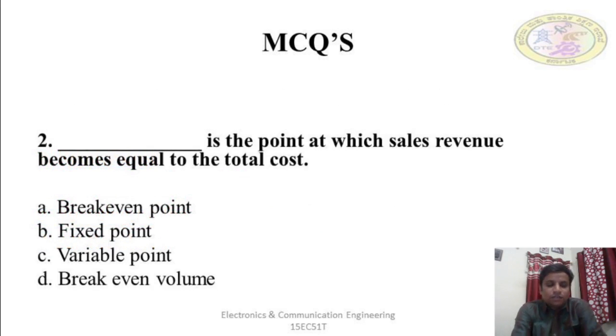Moving to the second question on this session. Dash is the point at which sales revenue becomes equal to the total cost. Option A, break even point. Option B, fixed point. Option C, variable point. Option D, break even value.